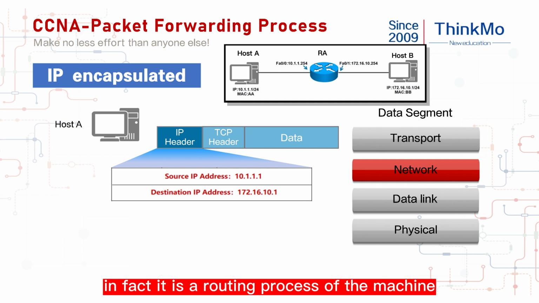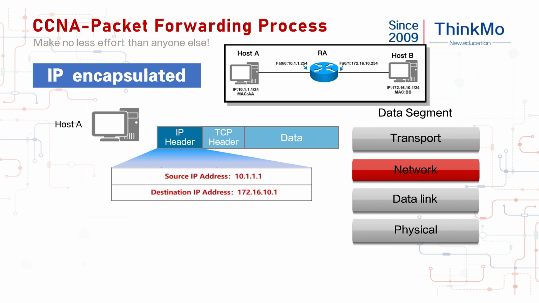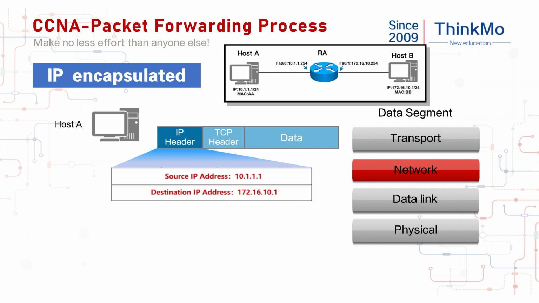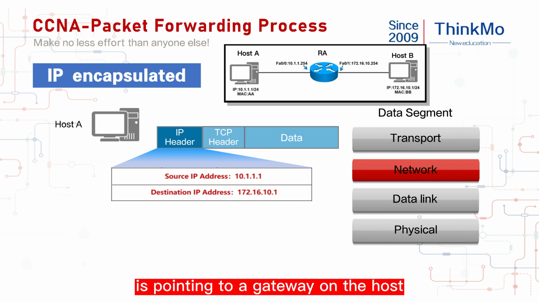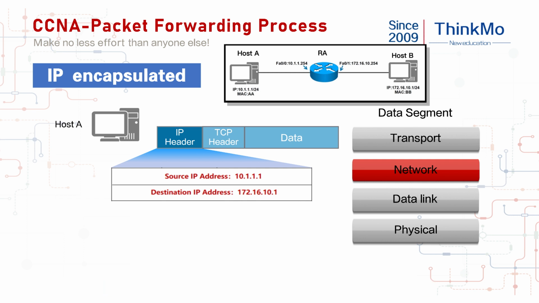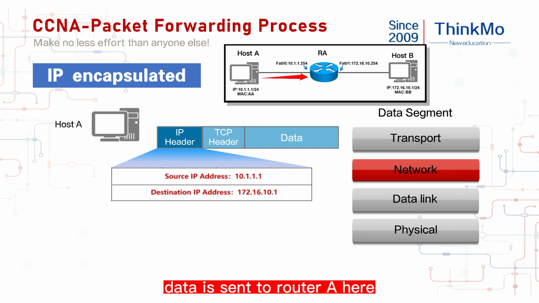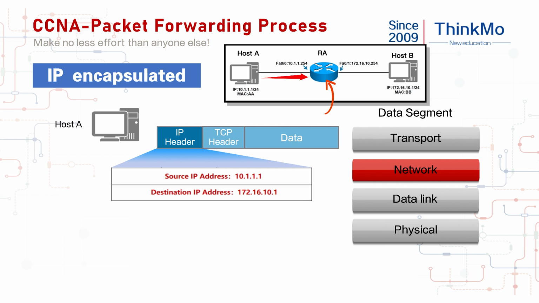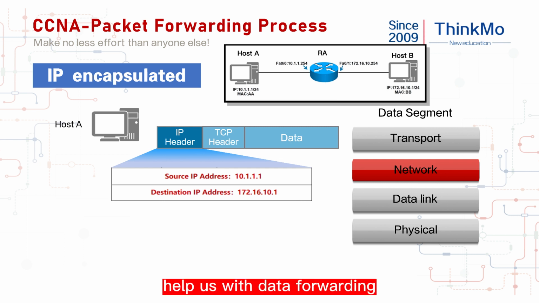The process of the host finding the gateway is in fact a routing process of the machine. The realization principle of the gateway is equivalent to the host writing a route entry to go anywhere, pointing to the router. For us, it is pointing to a gateway on the host, but in fact it involves the function of routing. Data is sent to router A here, which needs to query the corresponding routing table and help us with data forwarding.